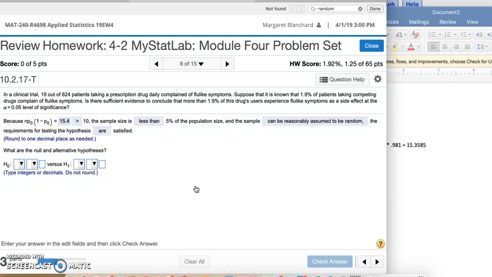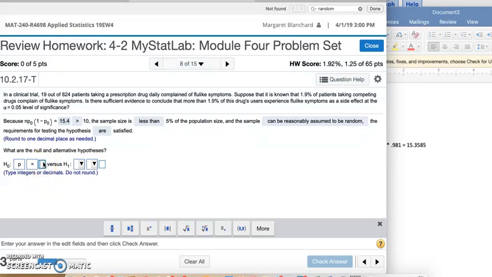What are the null and alternative hypotheses? Remember, the null hypothesis is always that whatever statistic we're looking at is equal to our test value. In this case, it's p naught. We are looking at the proportion, not the mean, and it's equal to 0.019. For the alternative, let's go back to the problem.